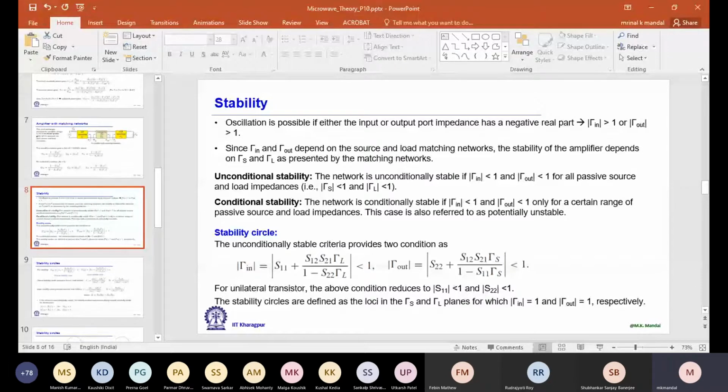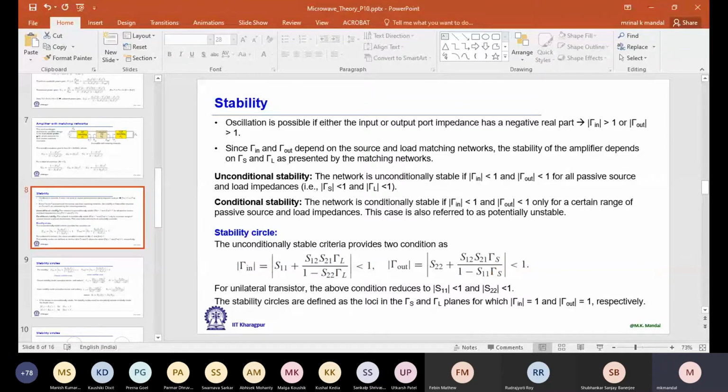Here everything we consider in the form of electromagnetic waves, not just voltage and current. So we will align our concept with respect to electromagnetic waves and see what can give rise to oscillation, and we need to avoid that condition.